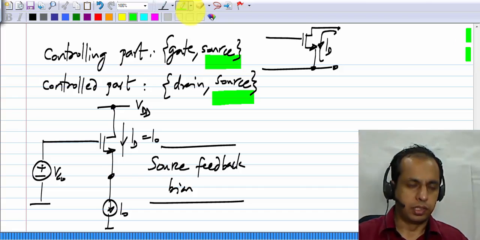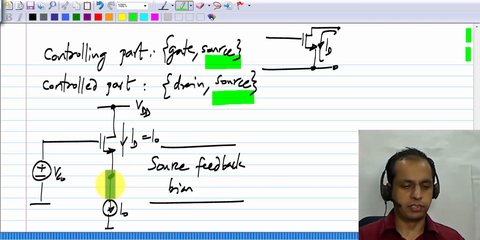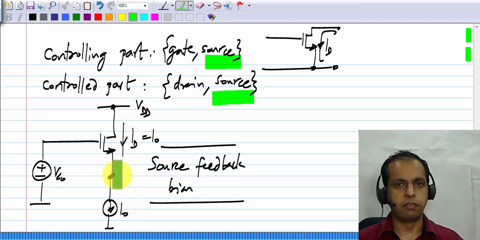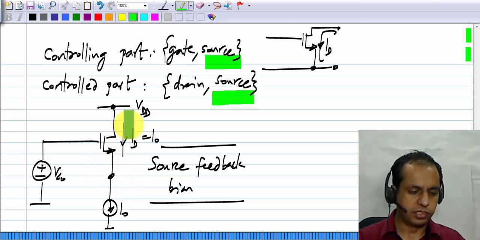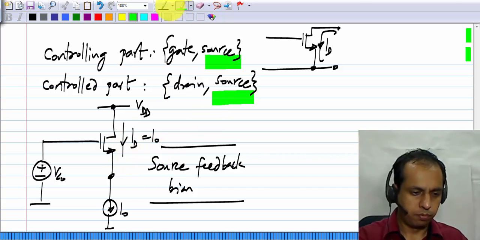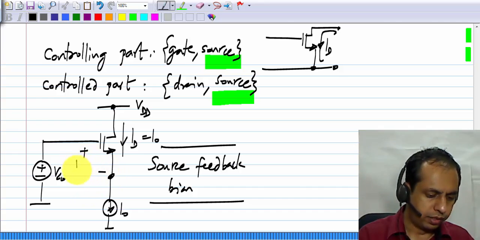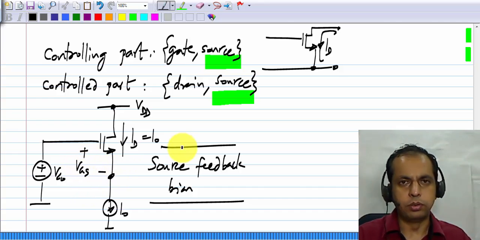As I explained earlier, when this current source I0 is connected to the source of the transistor, the source voltage adjusts itself such that in steady state the current flowing in the transistor equals I0. And this VGS will be adjusted to whatever is required to have a value of I0.